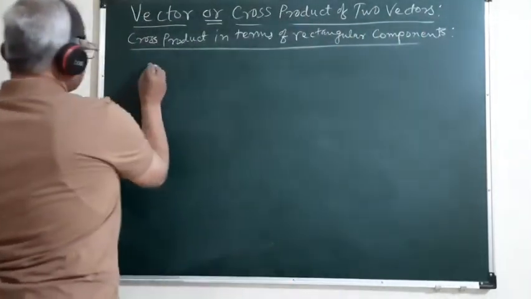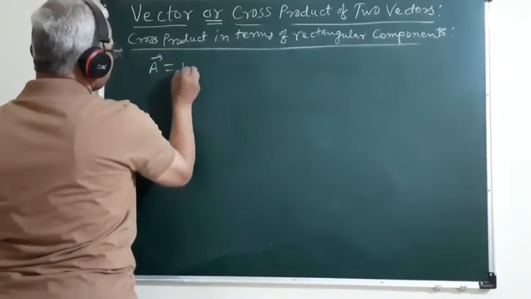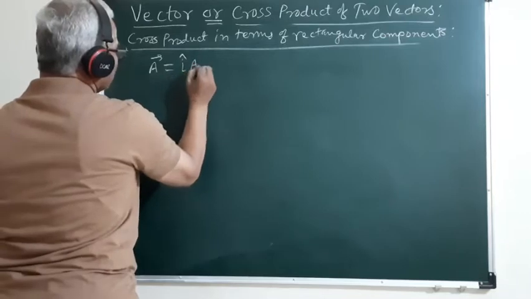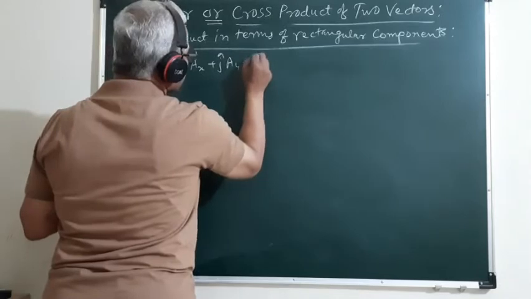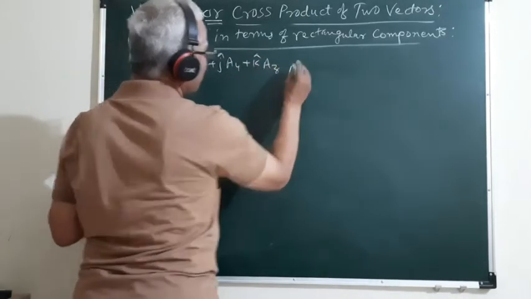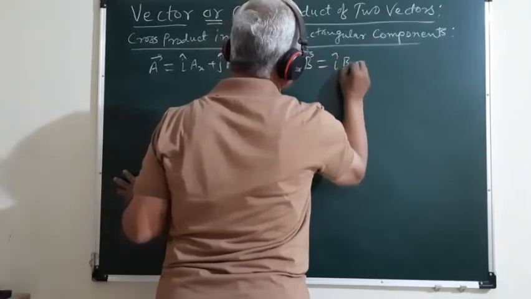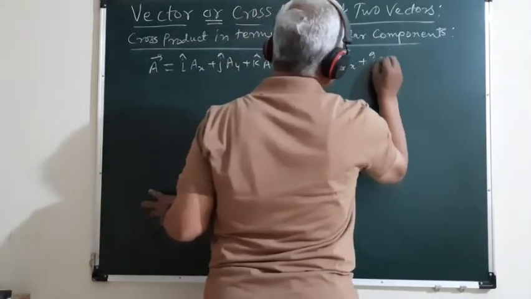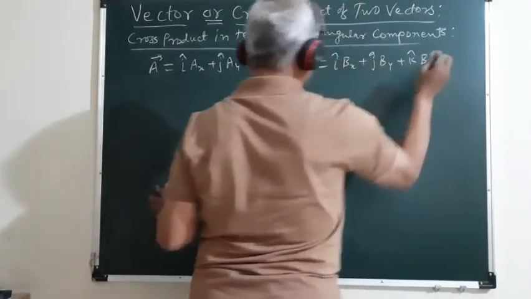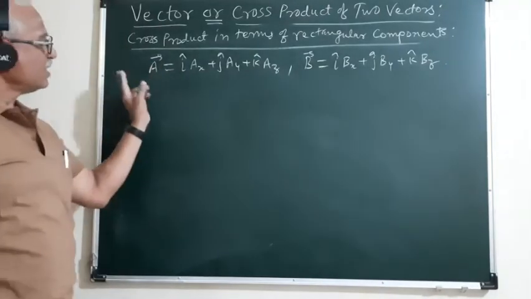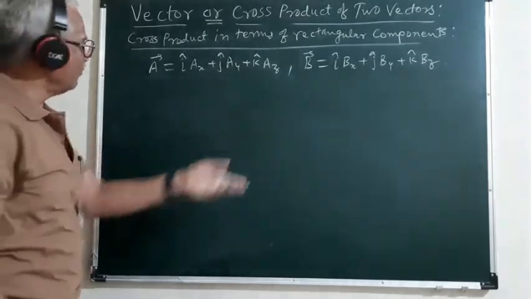In terms of the rectangular components, the two given vectors can be expressed as a bar equal to i cap ax plus j cap ay plus k cap az, and the vector b bar will be expressed as i cap bx plus j cap by plus k cap bz. This is how we can express the vectors a bar and b bar in terms of their rectangular components.